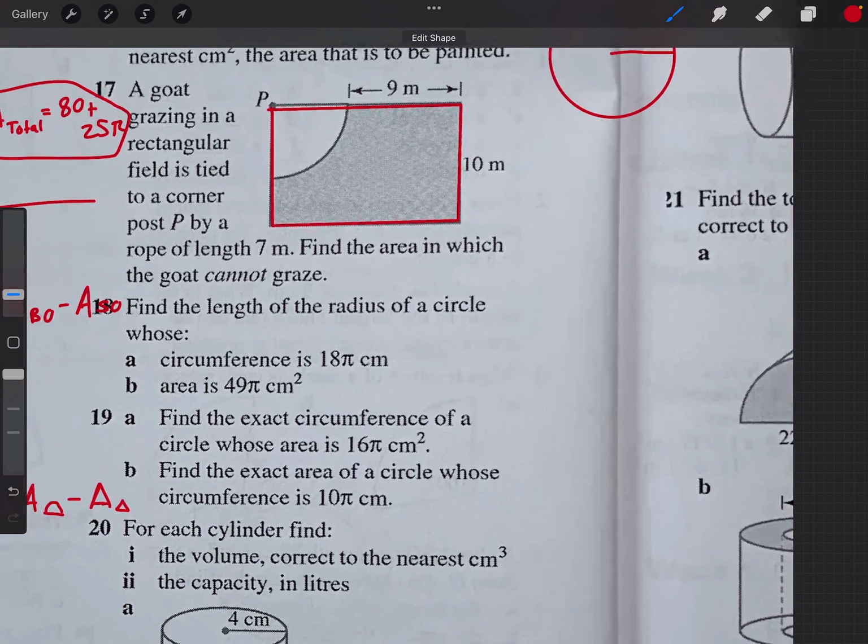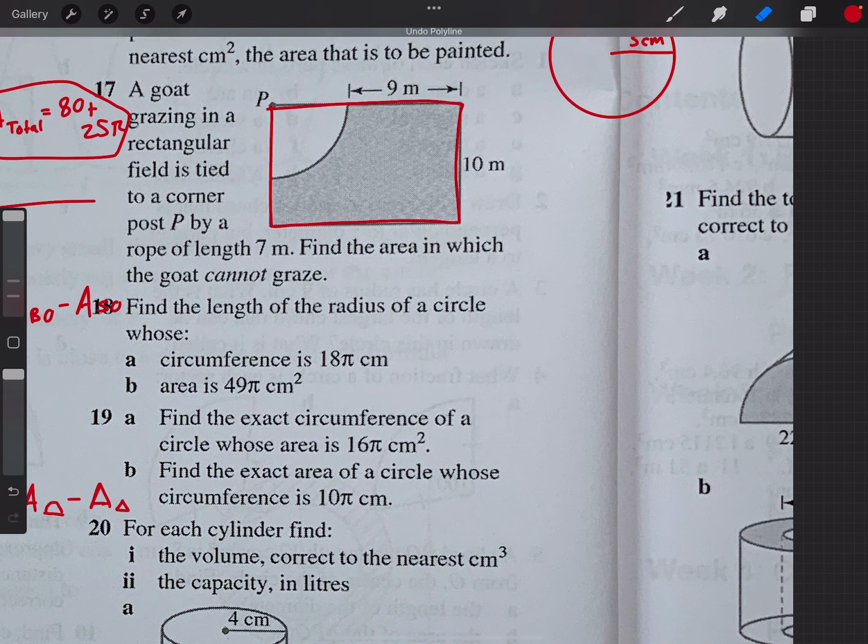That'll be 9 times 10. Oh, sorry, not 9 times 10. Almost made a mistake there. This is 10. Now, we need to find the radius here. This length here is also the radius of this quarter circle.